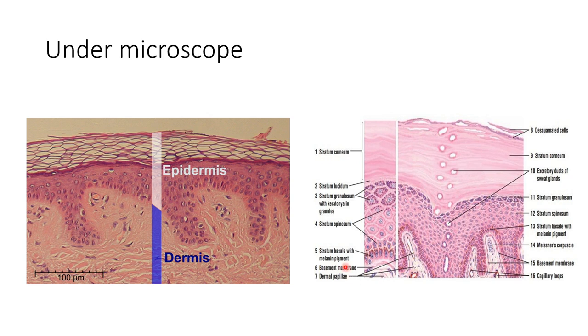Here you can see this is the basement membrane, and here is the stratum basale. The first layer is stratum basale. The second layer is stratum spinosum. You can see the polyhedral cells. You can appreciate the spherical nucleus. Here you can appreciate the oval nucleus.